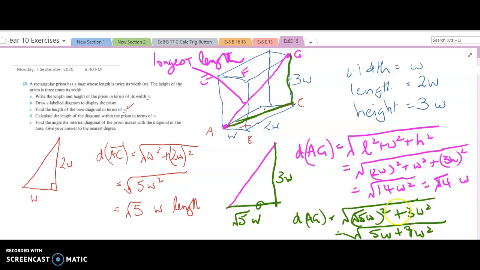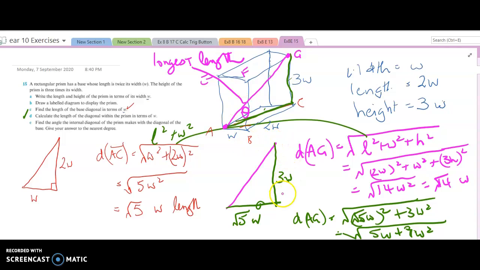There's the L squared plus W squared, so the shortcut worked well. And we have determined part D. That's root 14 W.